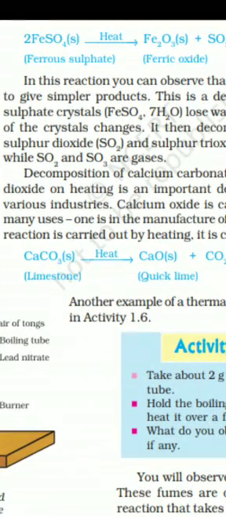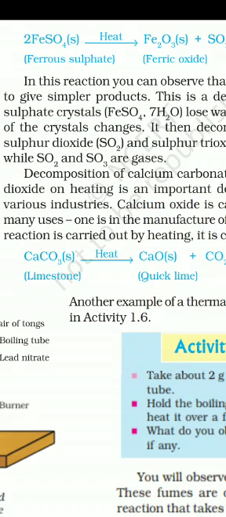What does it mean? This is an endothermic reaction. We apply heat; this is one type of endothermic reaction. So combination reactions are exothermic, decomposition reactions are endothermic, if we are using heat.